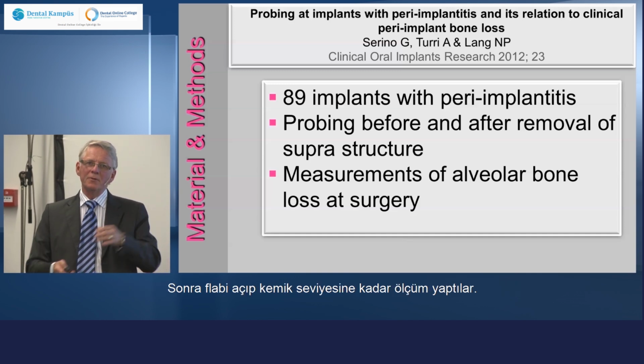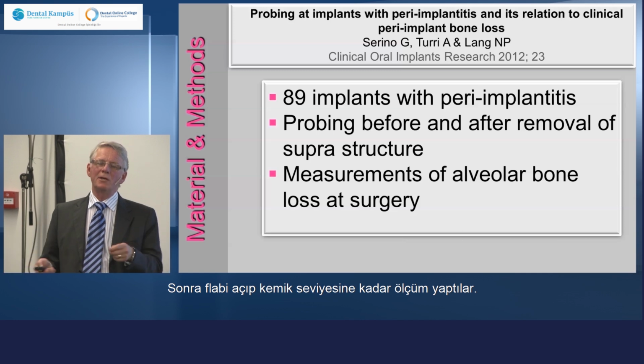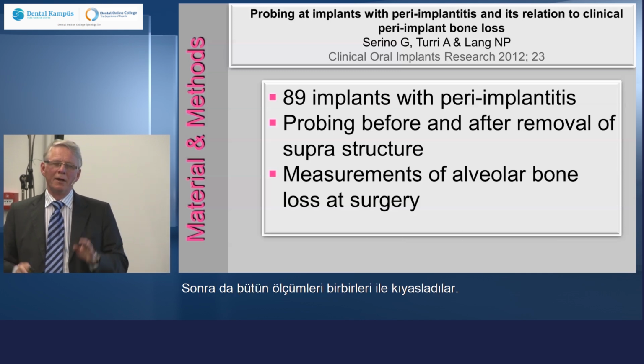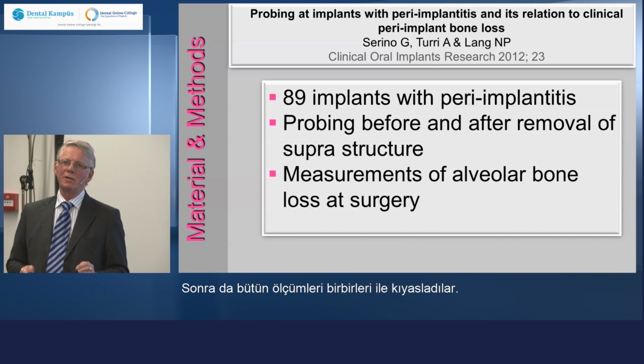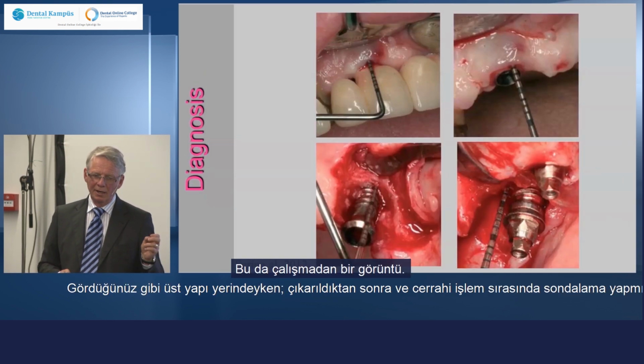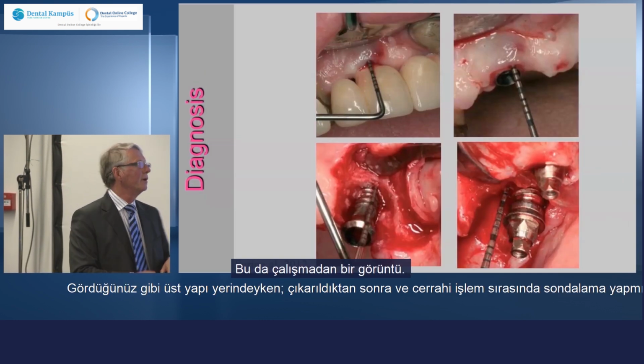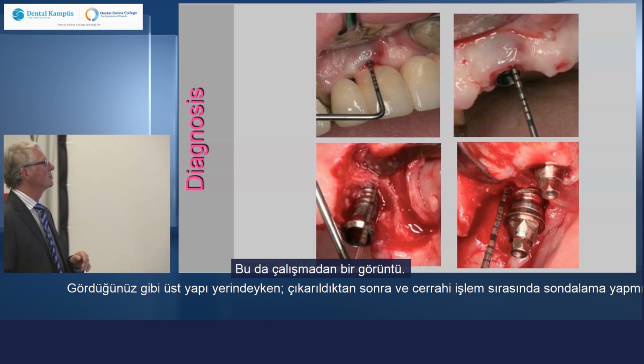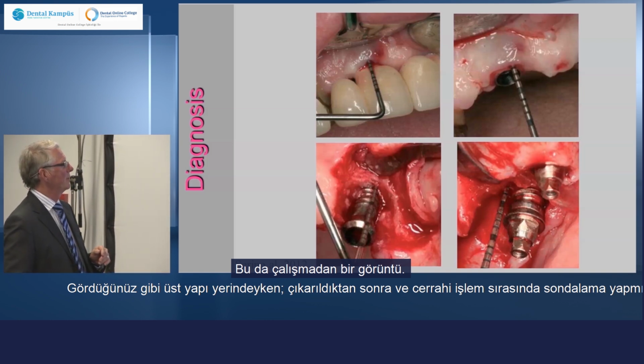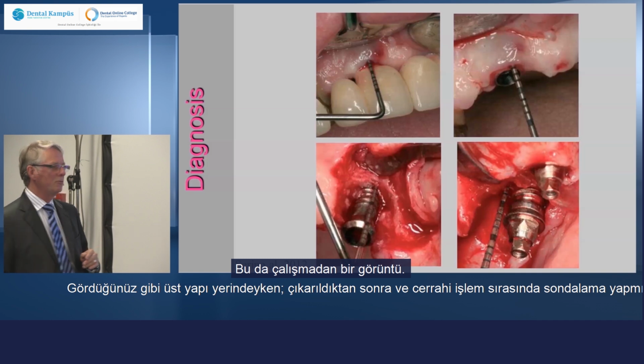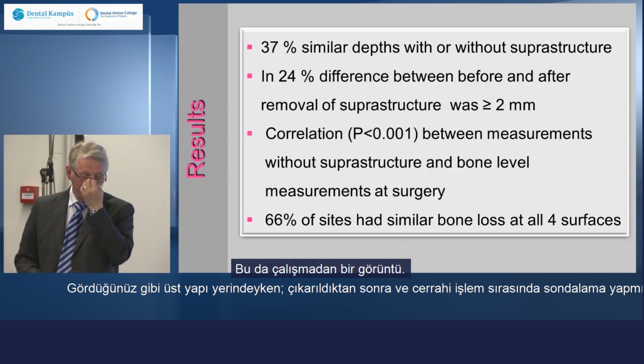And then they made a flap and they measured down to the bone level. And then they related all those measurements to each other. And this is just from their paper. You can see they were probing with the superstructure in place, without the superstructure, and during the surgical procedure.